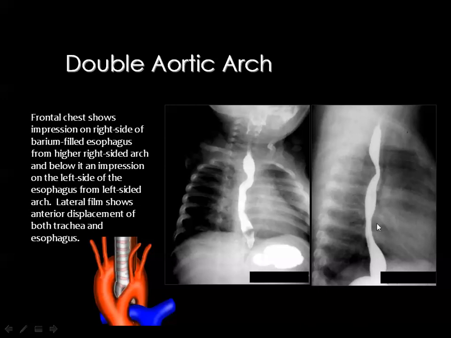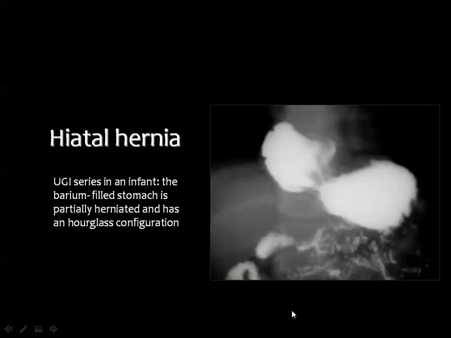And if you see indentation on the posterior aspect of the esophagus during barium swallowing, you should think of this impression is due to abnormal vessel. And you think of vascular rings, and you should now have the CT angiography to assess the type and the degree of vascular ring.